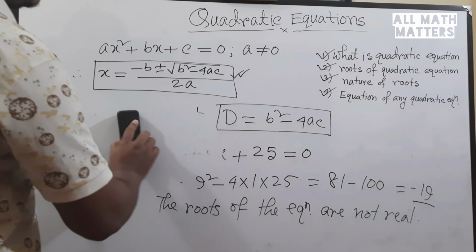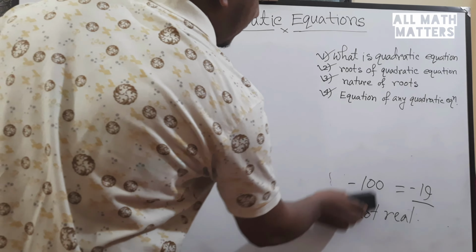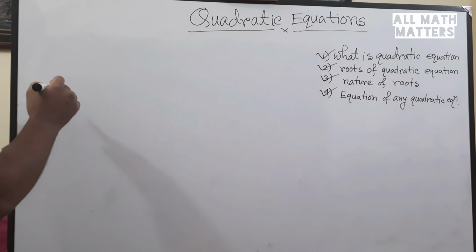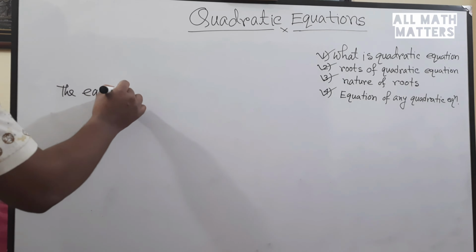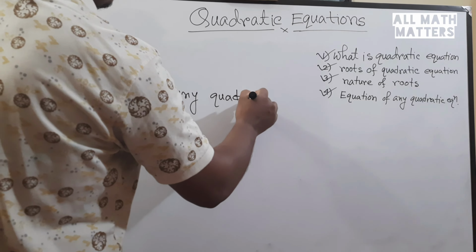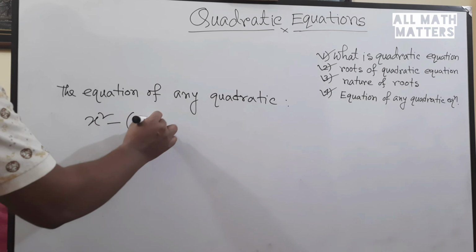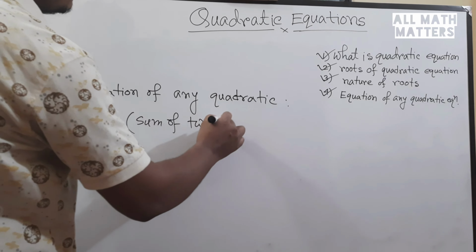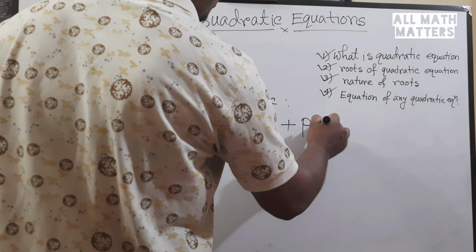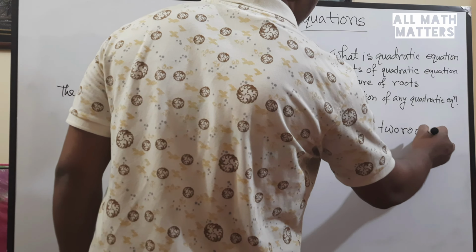Okay, the formula is, the equation of any quadratic equation, that will be, the formula is x square negative sum of two roots multiple x plus product of two roots equals 0.